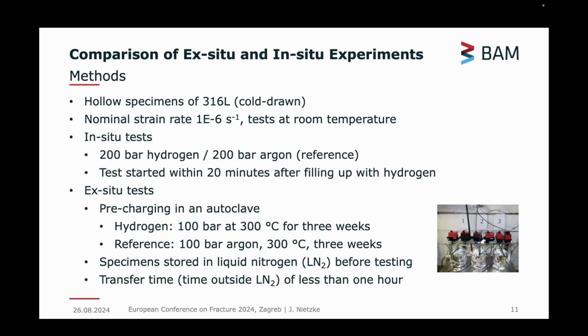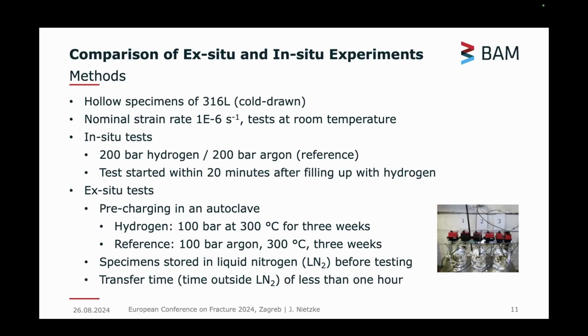Okay, I said I want to compare two things, the ex situ tests and the in situ tests. Therefore, we pre-charged some hollow specimens and tested them, and we tested some hollow specimens in situ, which were not pre-charged. For the in situ tests, we used 100 bar of hydrogen. We did all the tests at room temperature.